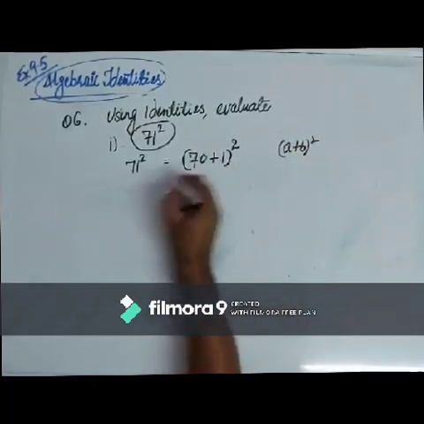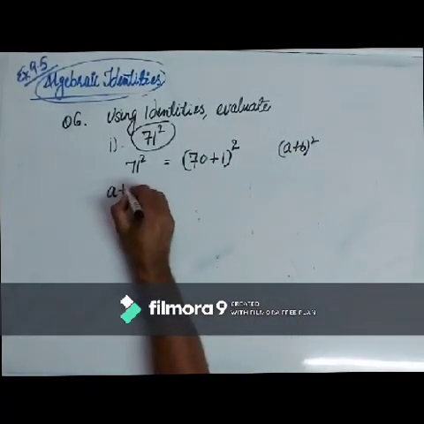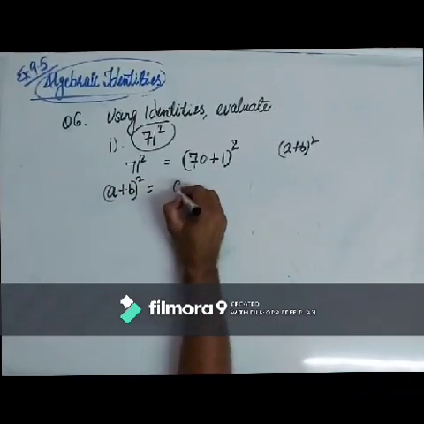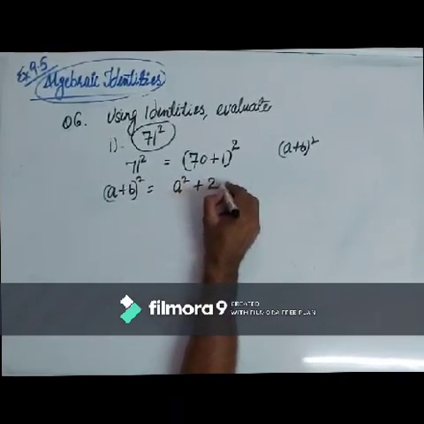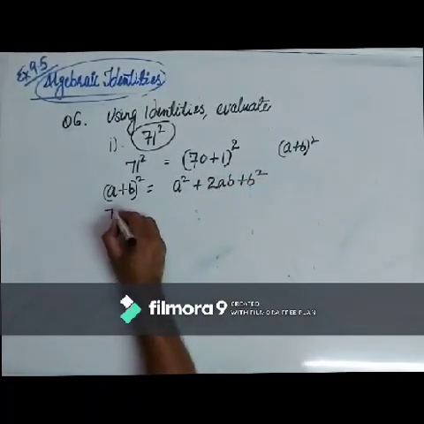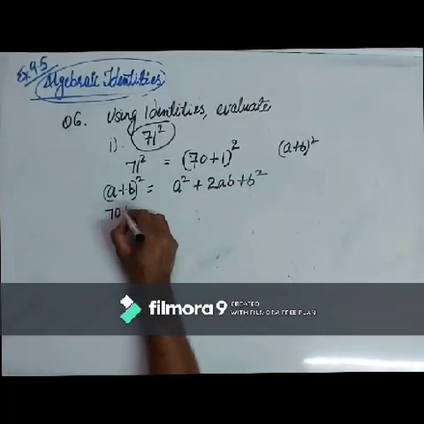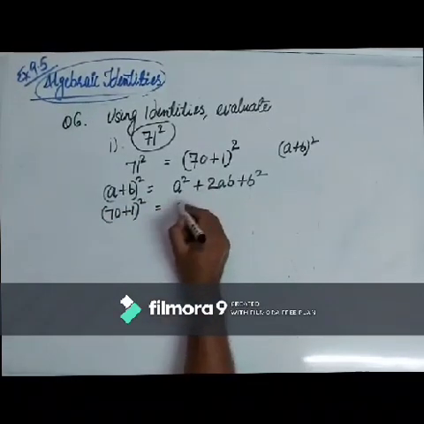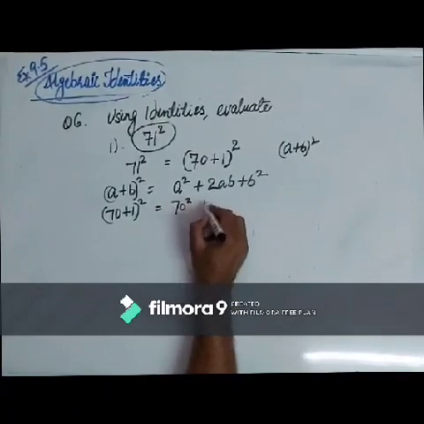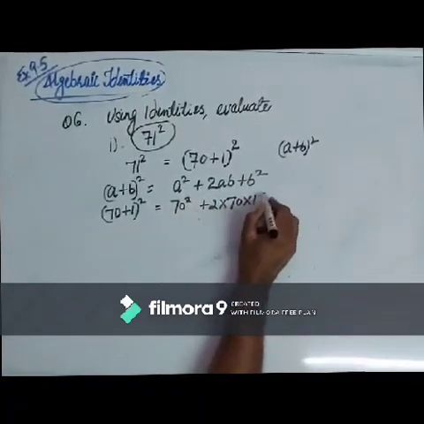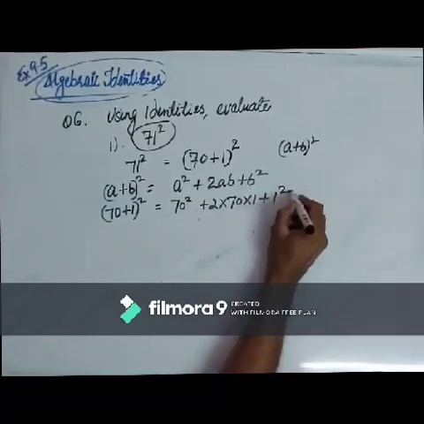The answer will be a square plus 2ab plus b square. So all I have to do is copy: 71 whole square is equal to 70 square plus 2 into 70 into 1 plus 1 square.